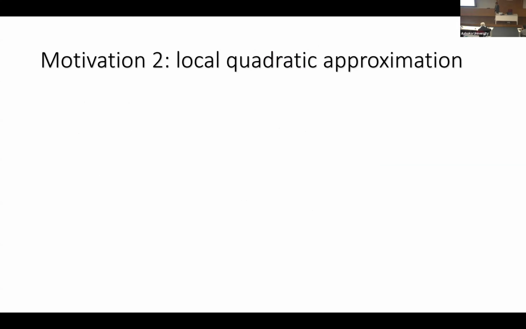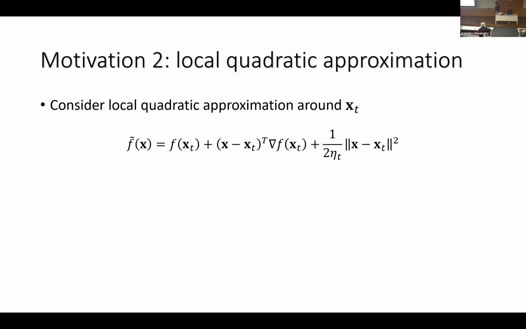Another way of thinking of gradient descent is local quadratic approximation. This is a local quadratic approximation of f around xt, but it is not a Taylor series, just an approximation. So I'm saying that f tilde of x is essentially f of xt plus x minus xt transpose gradient f of xt plus this term.